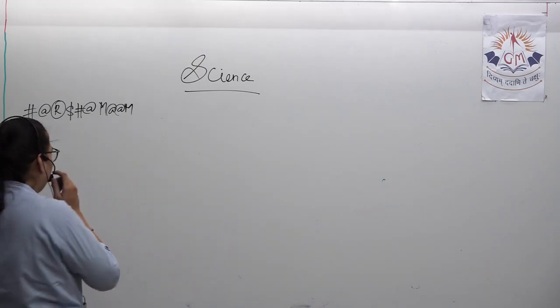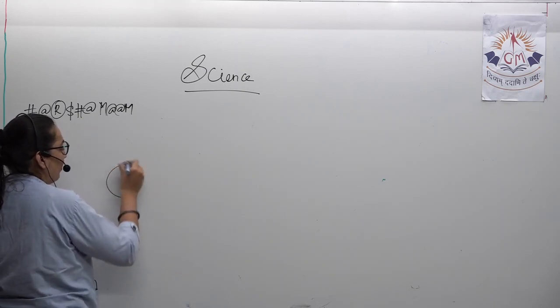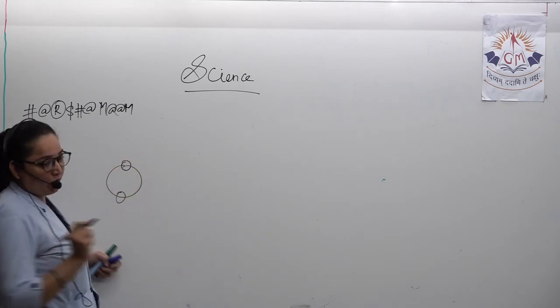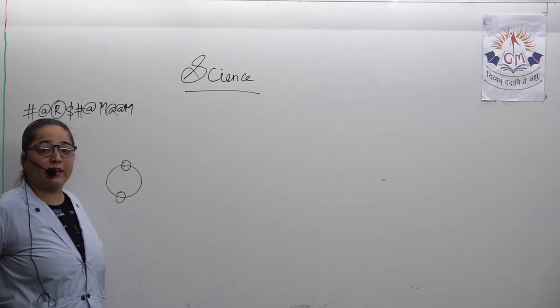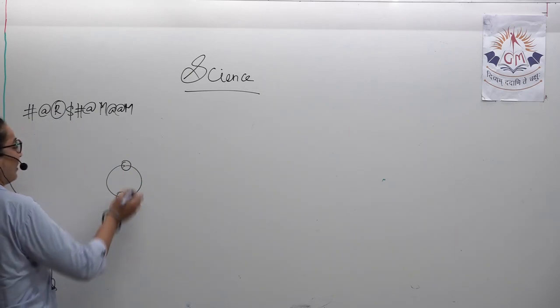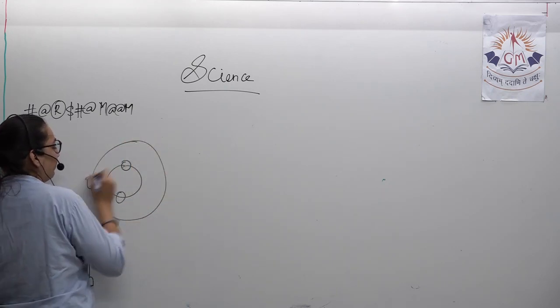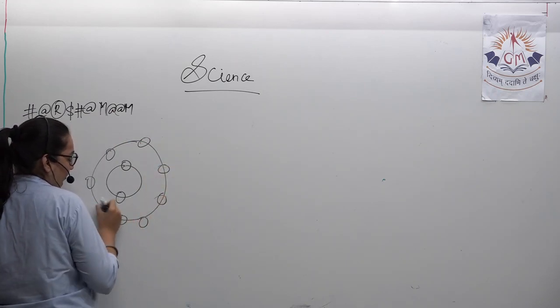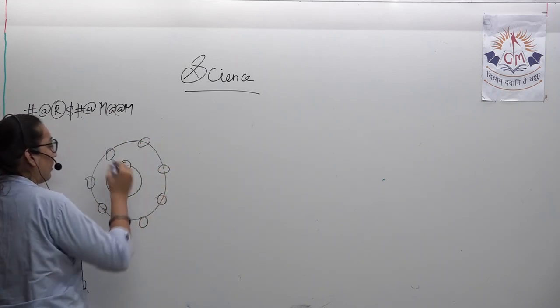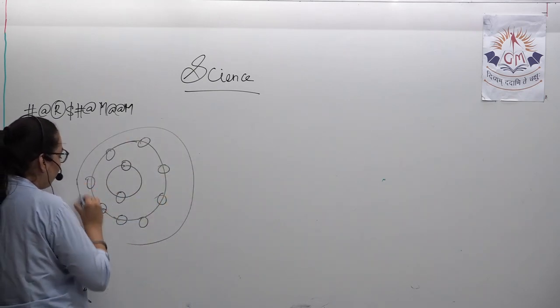Let's move further now. Argon, first orbit 2 electrons. What is the atomic number of argon? 18. In the first orbit there will be 2 electrons. Next orbit will have 8. Then total 10 are over.